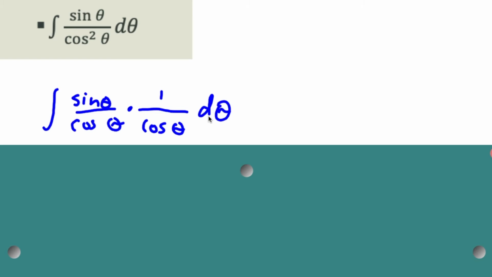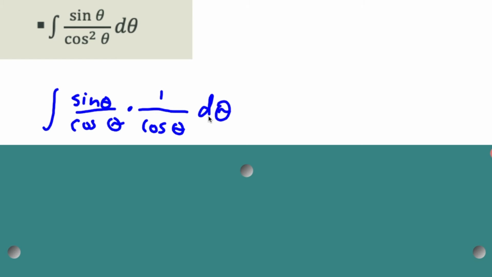times 1 over cosine. Now you might be thinking, well, isn't cosine squared the same thing as 1 minus sine squared? And it is, but again, we're trying to think of integrals that we know. So the more familiar you are with the list of integrals that I had given you, that's going to help guide your simplifying process, because then you'll know what you're trying to get to. 1 minus sine squared isn't really going to help us out at all here in the denominator.